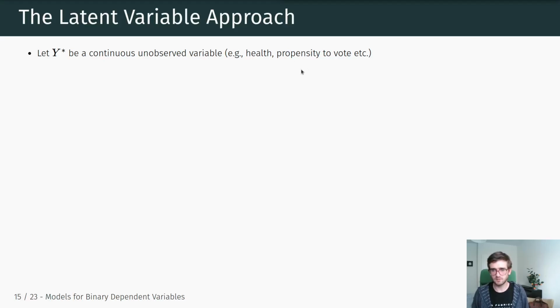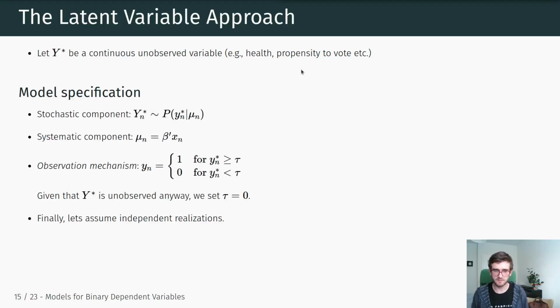Okay, and so based on this setup where we have such a continuous unobserved y star, this latent variable, we can specify our stochastic and systematic components as follows, right?